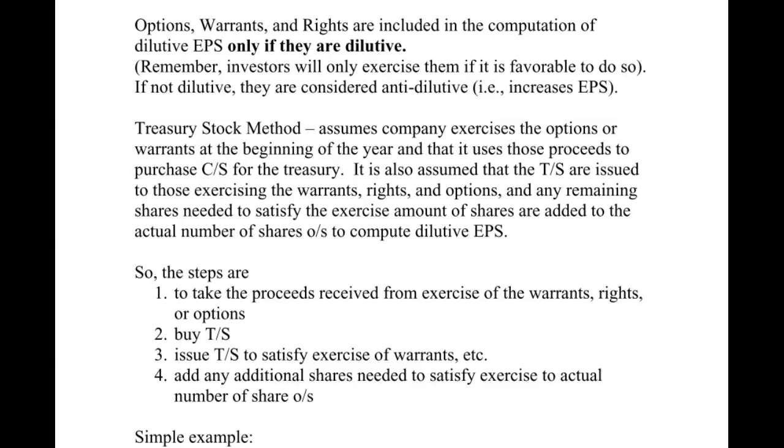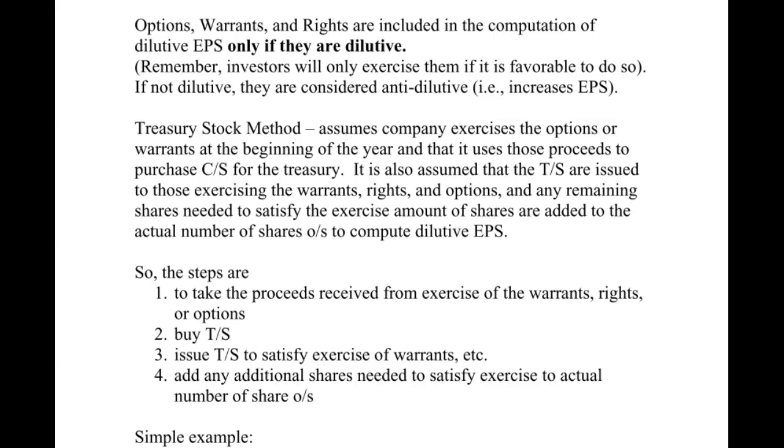Because the market price is higher, when they get the money for the options, they go out and buy as many shares as they can at the higher market price. But because the market price is higher, they are unable to buy as many shares as they need.